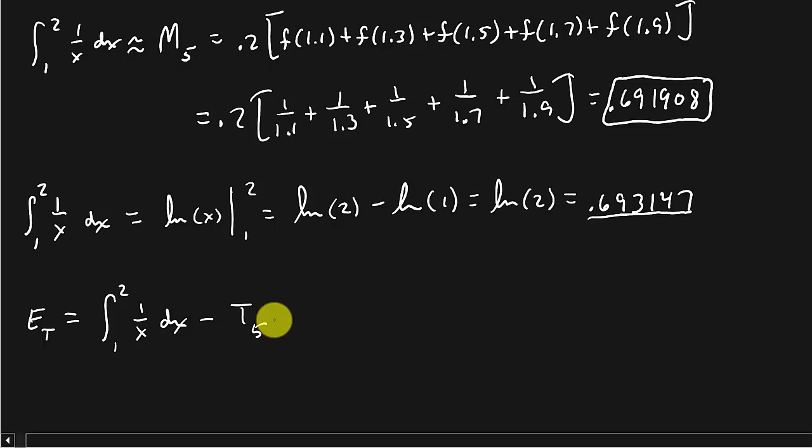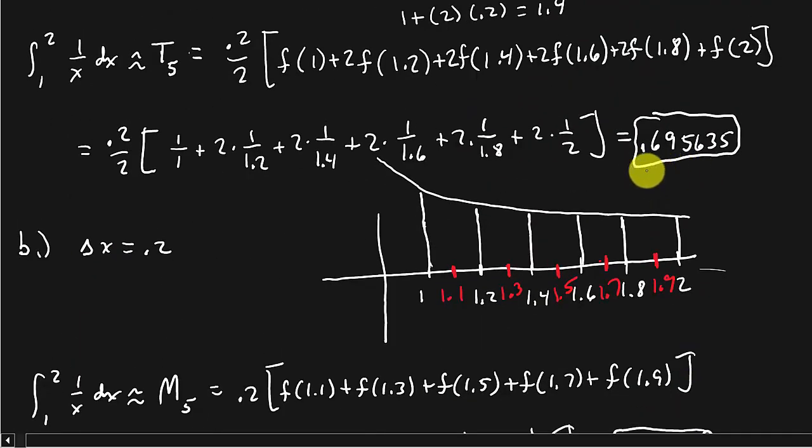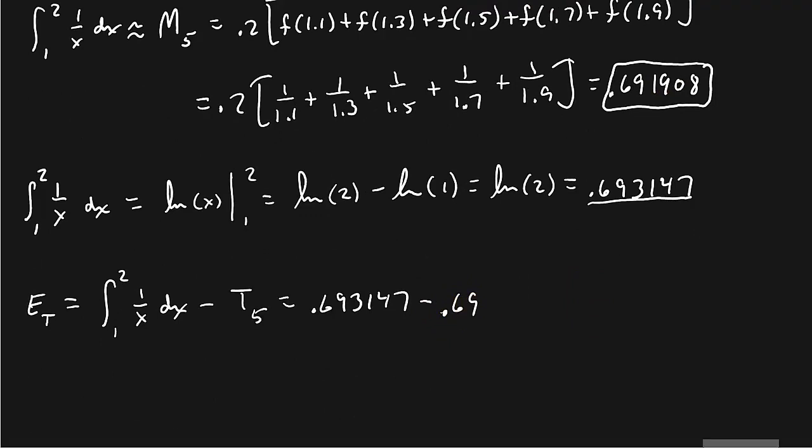That's going to be 0.693147, see, we got that right here, minus the answer we got for the trapezoidal rule, which was 0.695635.